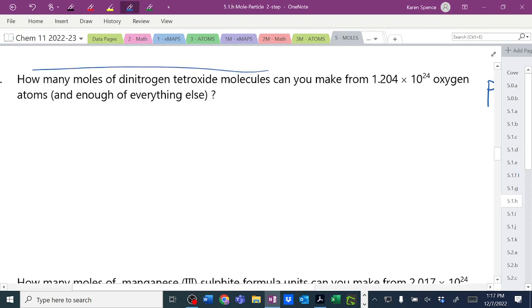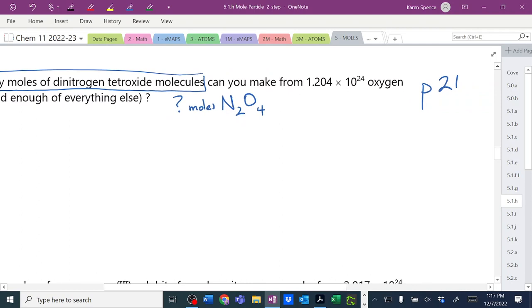How many moles of dinitrogen tetroxide? So what's the formula for dinitrogen tetroxide? N2O4. So we want to know the number of moles of N2O4. That's what we don't know.